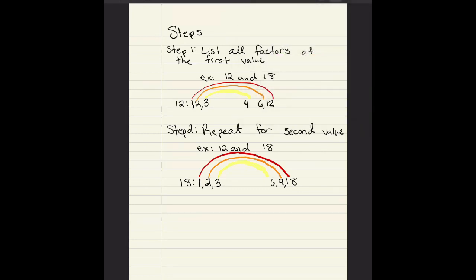Can 4 go into 18? No. Can 5 go into 18? No. Can 6? Yeah, I'm already back here at 6. So I'm done. Once I reach a number that I already have, I know I'm done. So the only things you can multiply together to get 18 are 1, 2, 3, 6, 9, and 18.